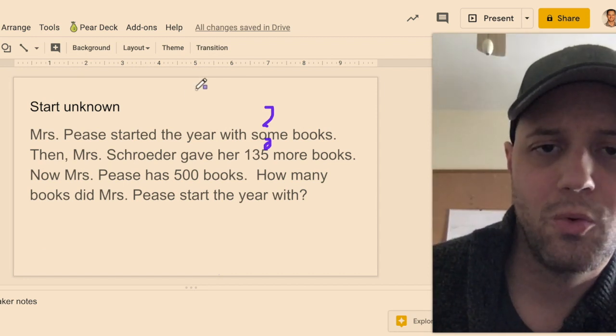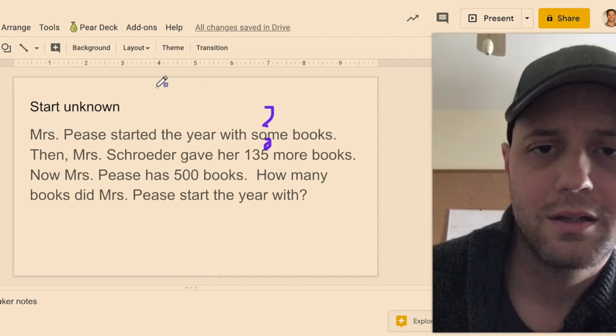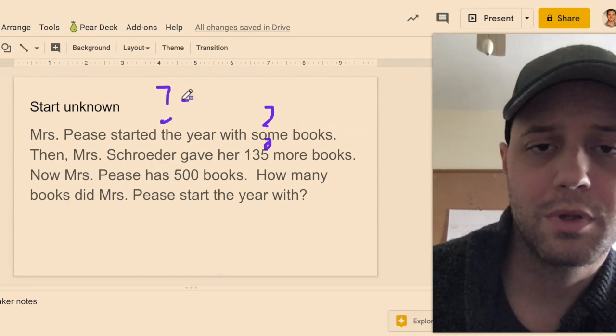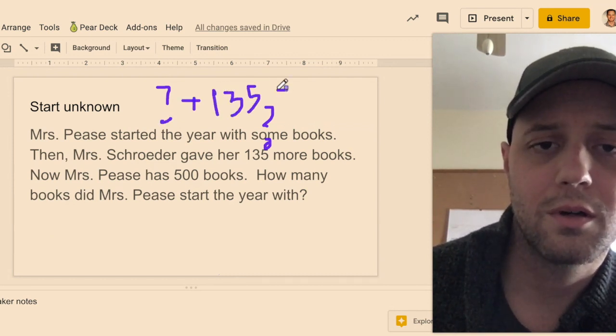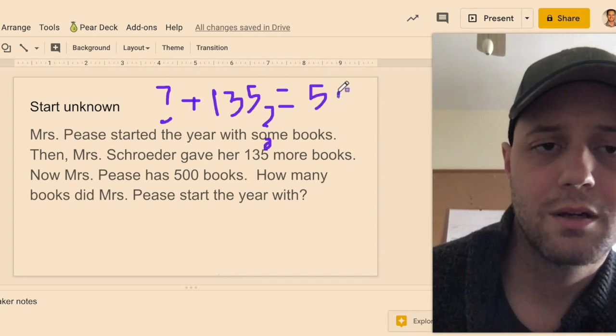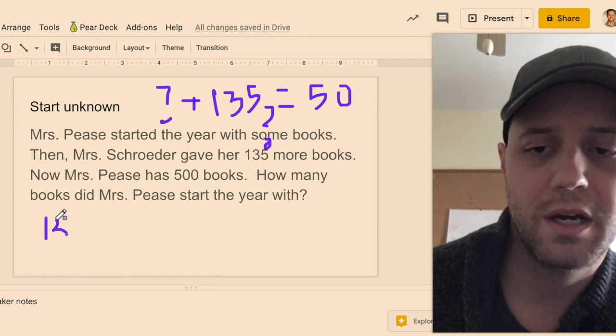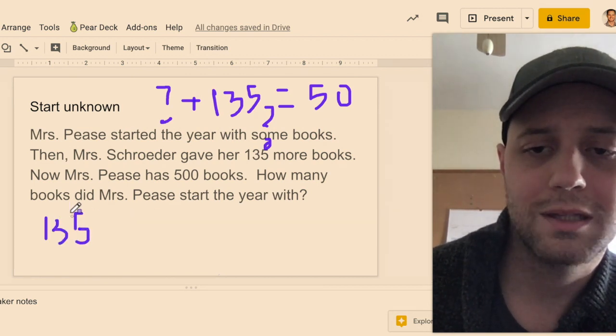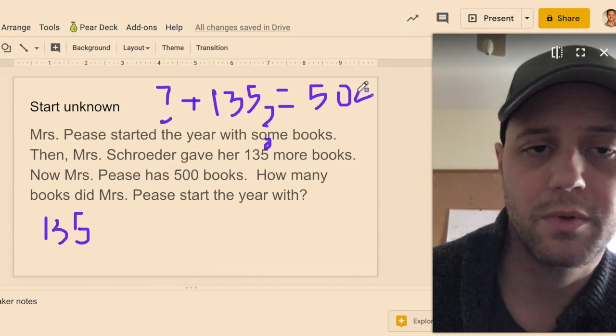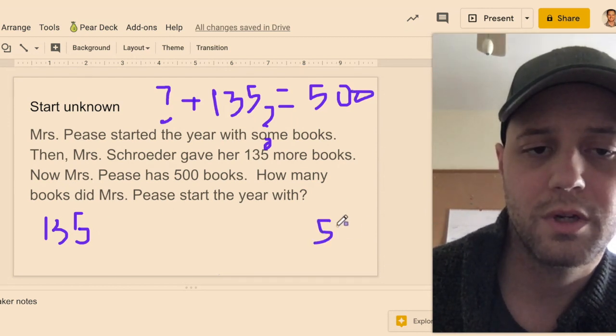So if we did an equation for this, it would look like question mark plus 135 would equal 500. Even though the question mark is first, because it's addition, I can flip those around to say 135 plus what would equal 500.